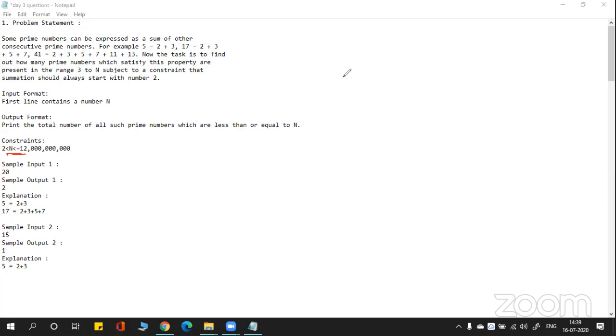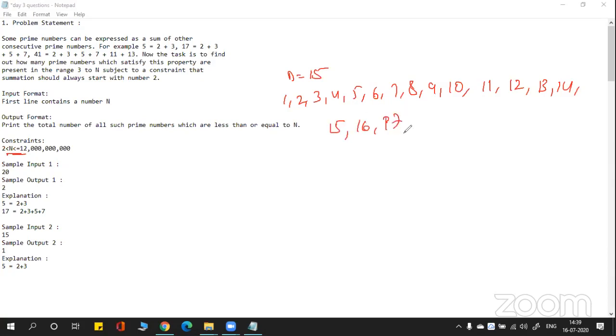If I take 15 as the n value, my numbers are 1, 2, 3, 4, 5, 6, 7, 8, 9, 10, 11, 12, 13, 14. Let's take 20 instead: 16, 17, 18, 19, and 20. So let us take n as 20.